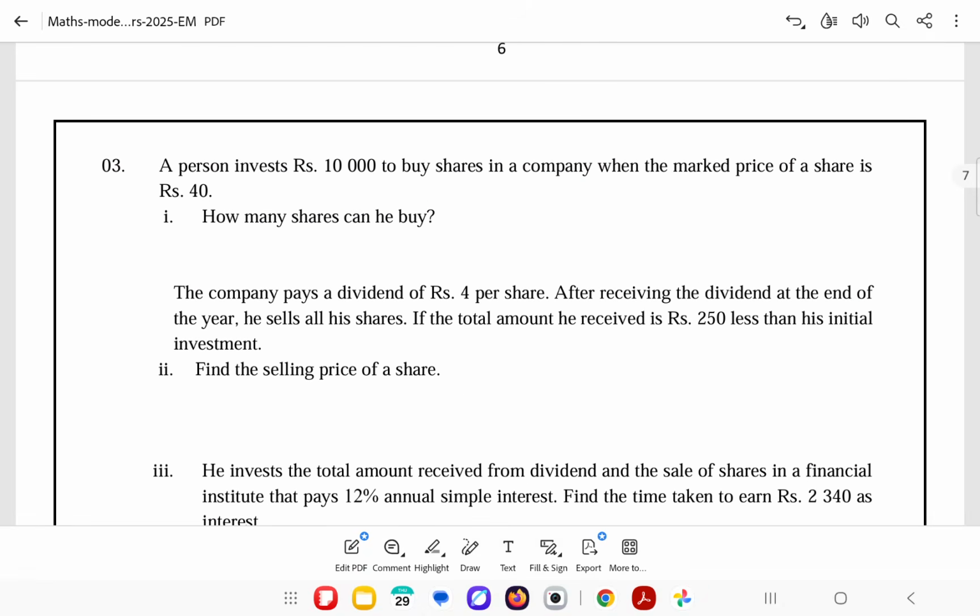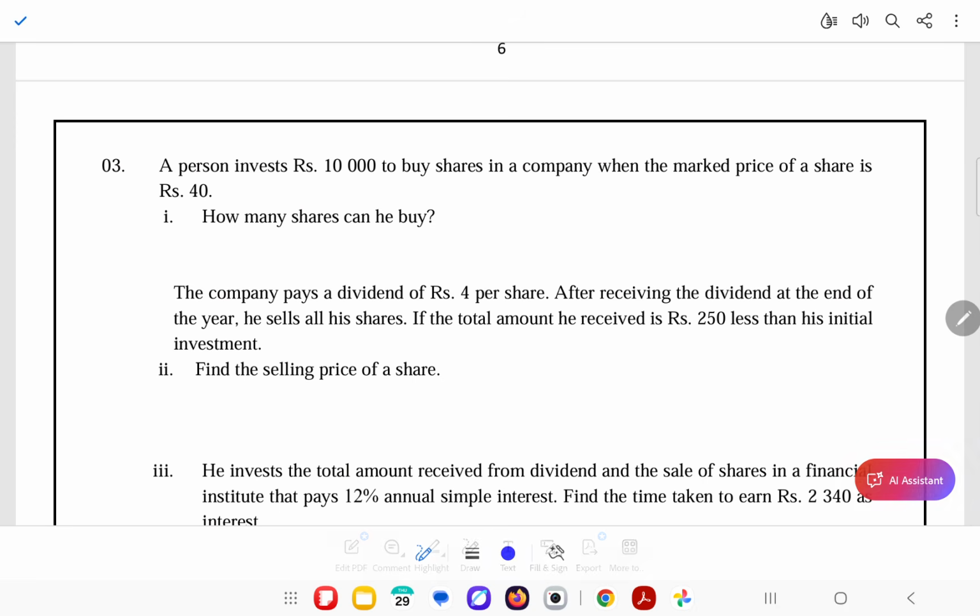Okay, next let's look at question number 3. A person invests rupees 10,000 to buy shares in a company. When the market price of a share is rupees 40, how many shares can he buy? So 10,000 over 40. One share is 40, no? 250 shares.